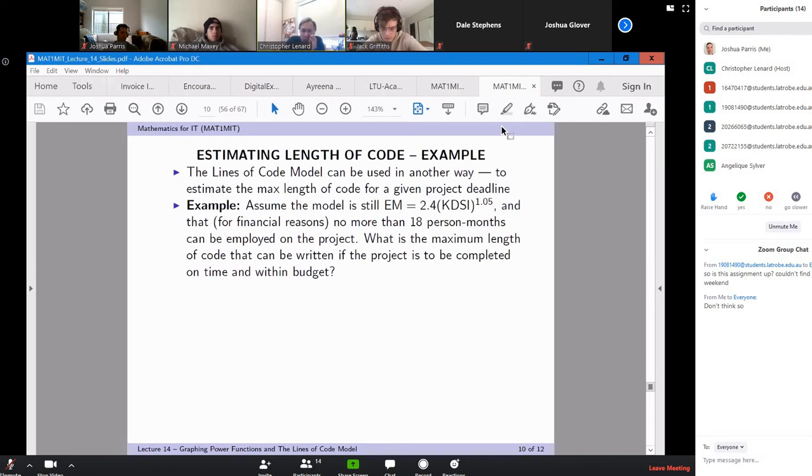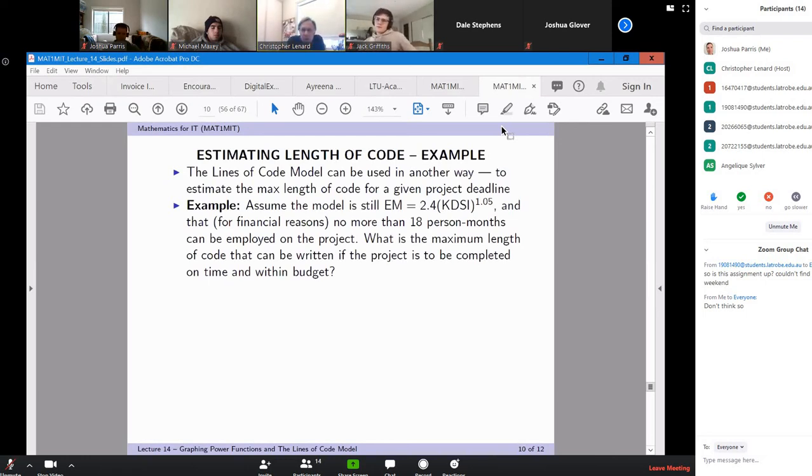So another way of using this is, suppose you've got a deadline. How much code can you actually write in the deadline? So suppose you've only got 18 person months to work on. How much code could you actually write?